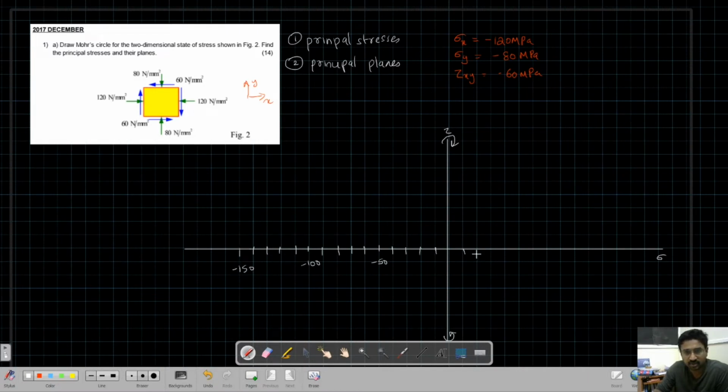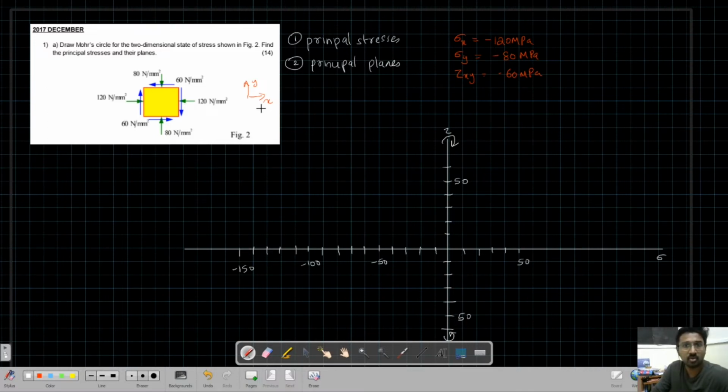Then on the positive side 10, 20, 30, 40, 50. Then we have shear, again 10, 20, 30, 40, 50, 60 on both sides. So this represents clockwise direction shear, and this represents anti-clockwise direction shear.